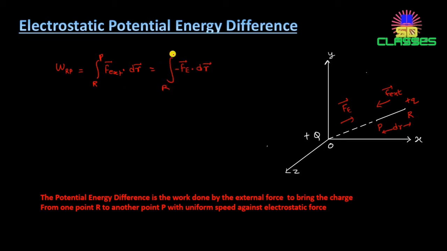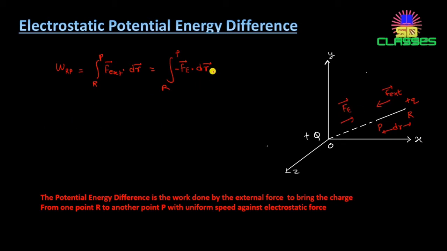Why negative? Because this external force and this electrostatic force are opposite of each other. So if I take this one as positive, I have to take the other one as negative.